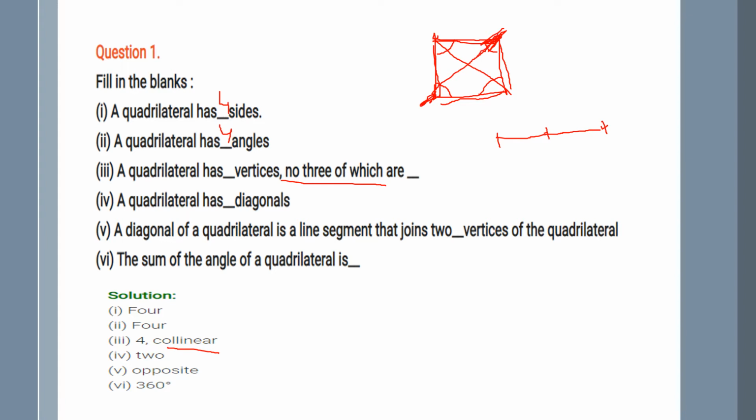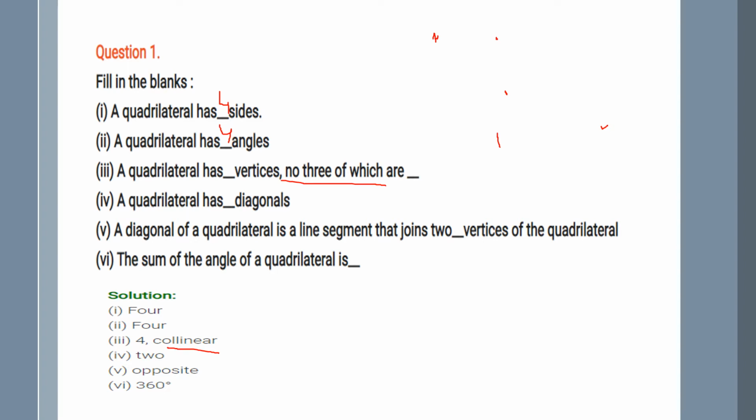And these two opposite vertices you have to join and you will get a diagonal. The sum of angles of a quadrilateral, you know very well, all the 4 angles, the sum of all the 4 angles is 360 degrees. Clear everyone? So fill-ups are just the introduction of quadrilaterals. It was too simple. Hope you got all the facts about quadrilaterals.